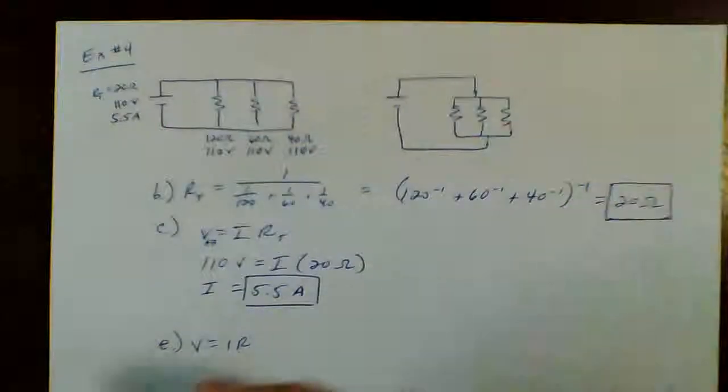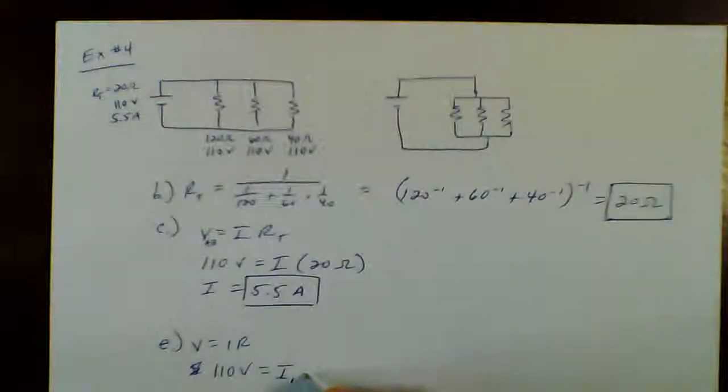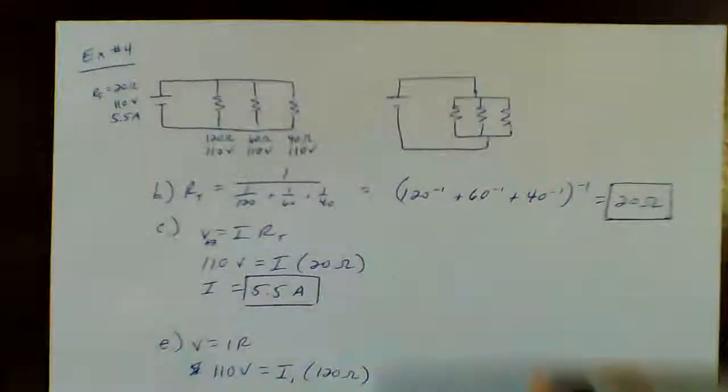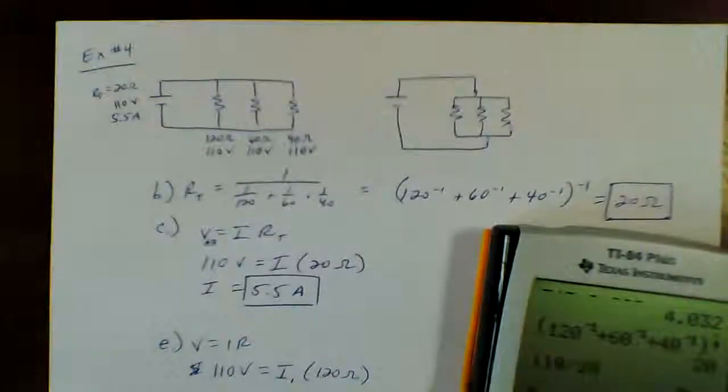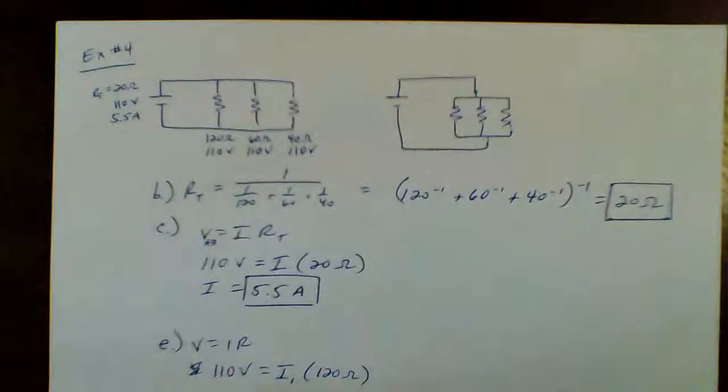Again, same thing, right? So for the first one, I'm going to say V is 110 volts, equal to I1 times 120 ohms. So 110 volts divided by 120 ohms gives me 0.92.